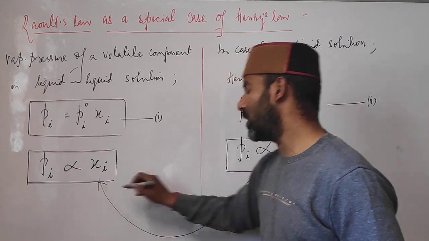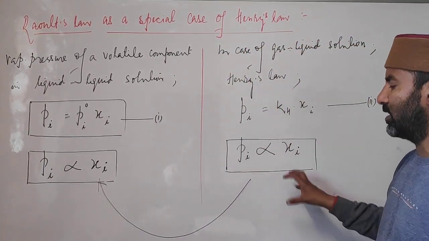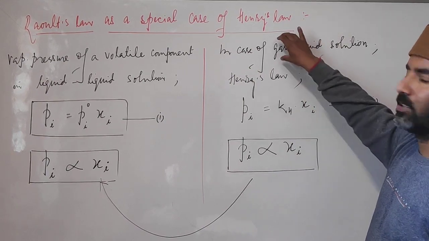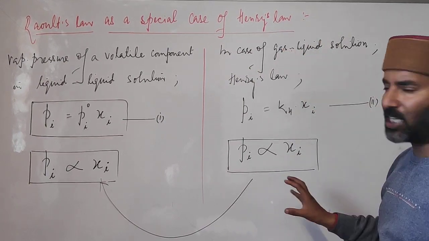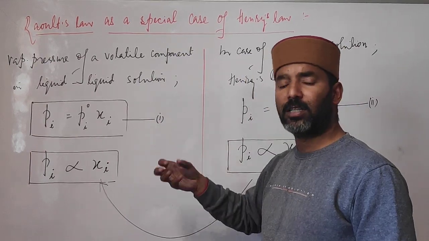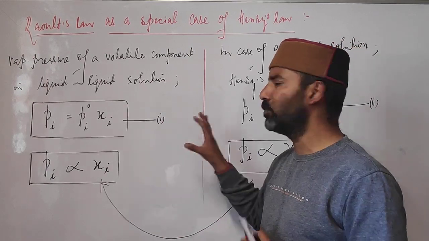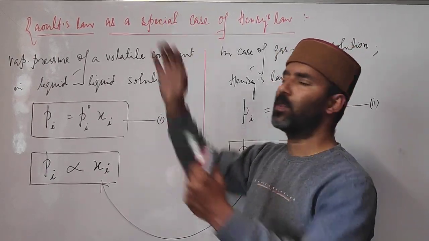The only difference is that here one of the components is so volatile that it is a gas, whereas here the components are volatile but generally at room temperature they are liquids which tend to form vapors.